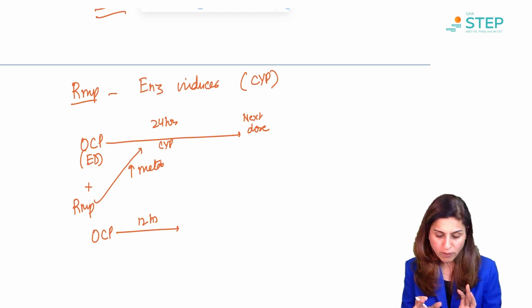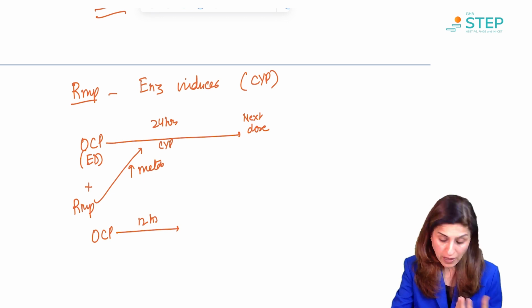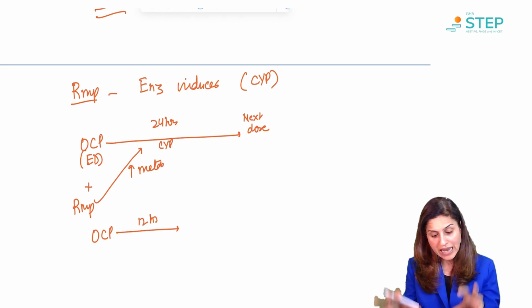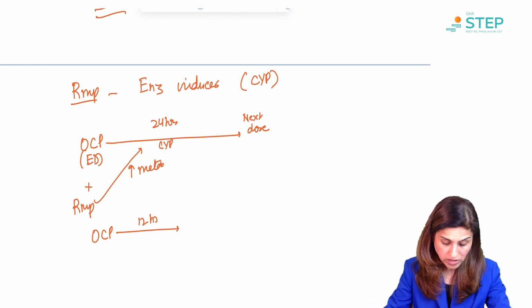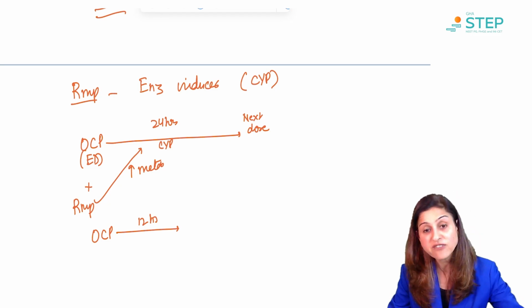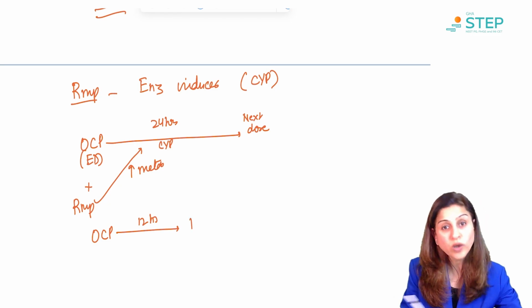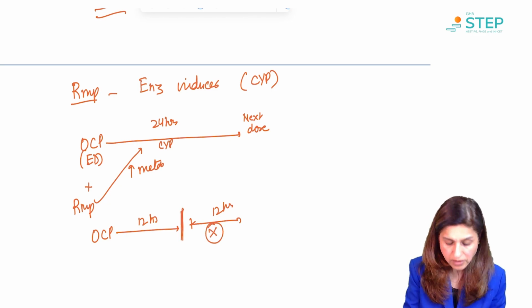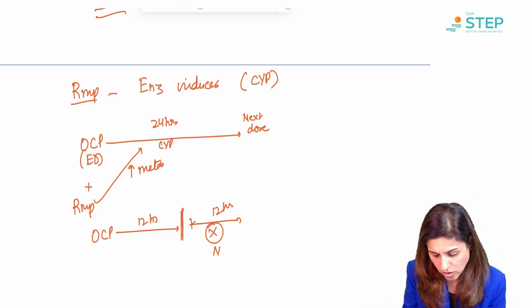The problem is that the OCP is no longer going to be effective, because for the next 12 hours the patient is not going to have any effect of the OCPs. Within 12 hours, the OCP has been metabolized due to faster metabolism. Next 12 hours, no protection.